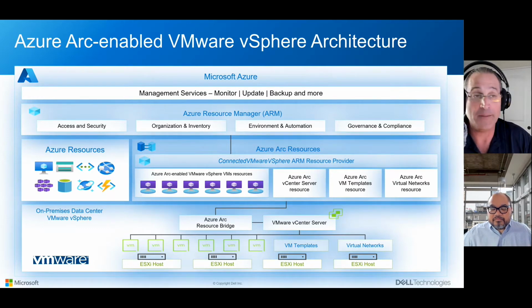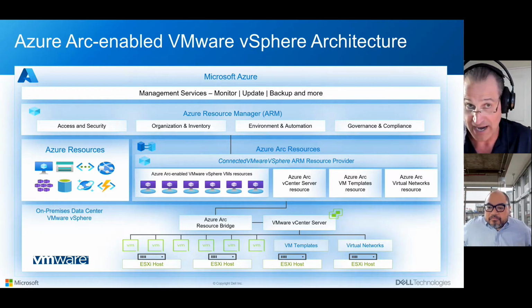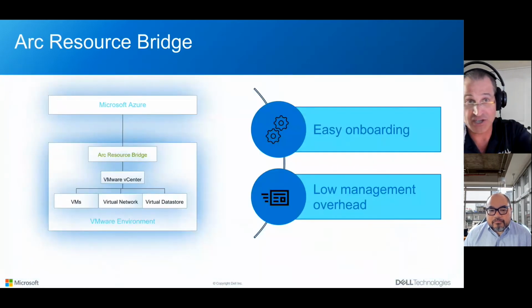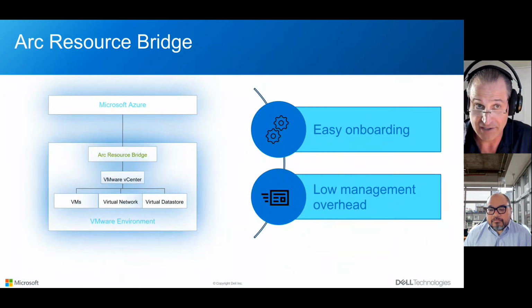Not really all that hard, but there is a lot of tooling. In fact, I was working with this project even when it was private preview, and the guys are great. The Microsoft teams are great. There are a lot of old VMware guys that are now helping put this together. So it's pretty awesome. As I mentioned, easy onboarding, and there's really very low overhead with that resource bridge. That's what really brings this product to the table and makes it shine.